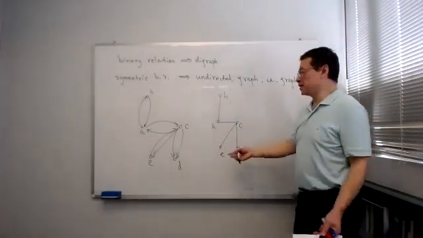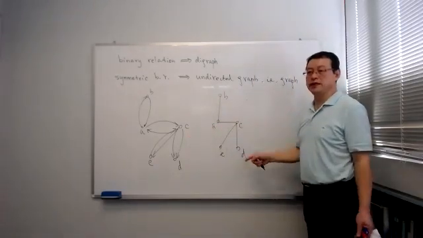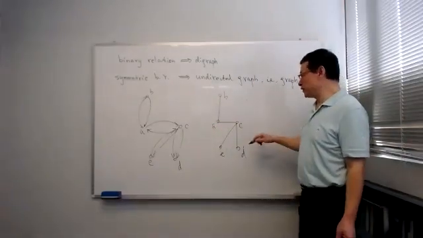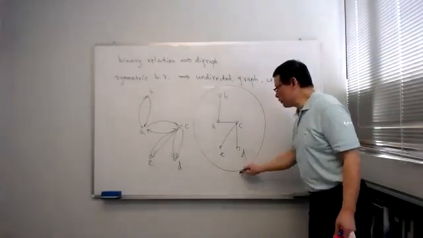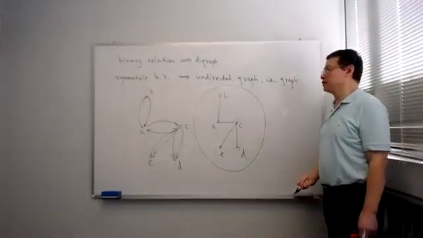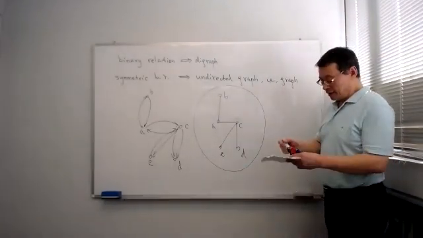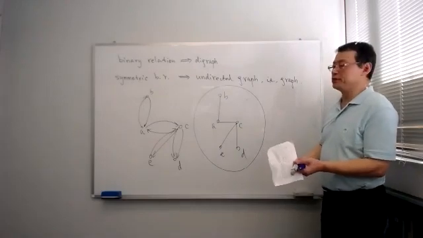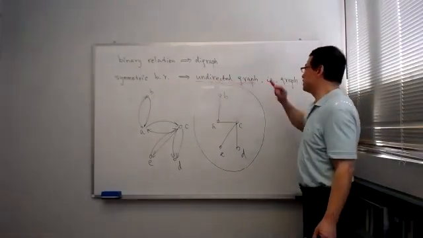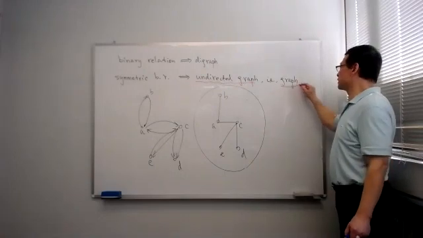It's very natural. Instead of drawing it this way, we can draw it in this way. So a symmetric relation gives us a graph where we don't care about the direction of edges. This is called an undirected graph. In short, it's called a graph.